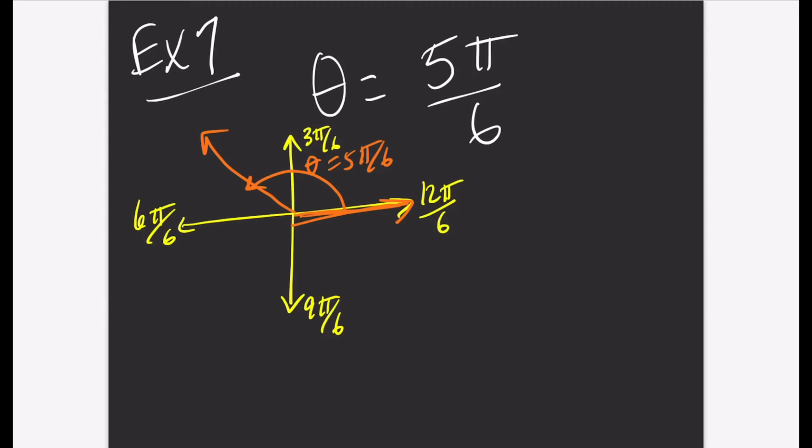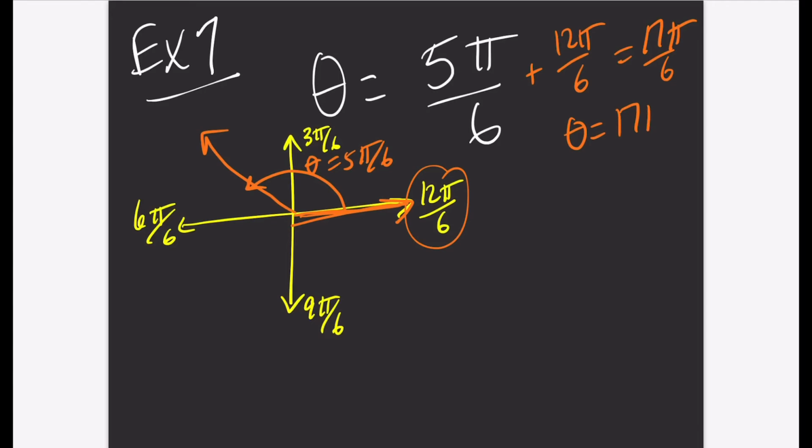As we're doing radians now, 1 full revolution is 12 pi over 6. So 5 pi over 6 plus 12 pi over 6 gives you 17 pi over 6. So theta equals 17 pi over 6 will be your first coterminal angle to 5 pi over 6. If you want another positive coterminal angle, just add another full revolution and you keep on going.